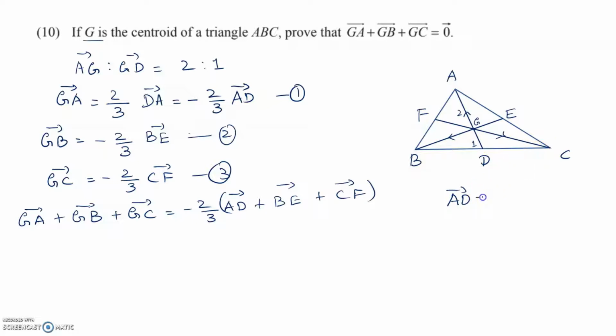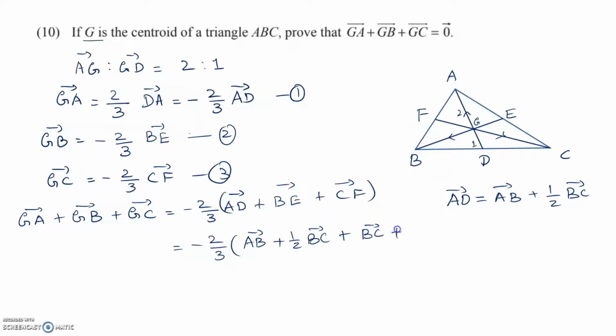So I can write this as AB vector plus half of BC. So substituting that value here, we get minus 2/3 of AB vector plus half of BC vector. Similarly, BE can be written as BC vector plus half of CA vector.